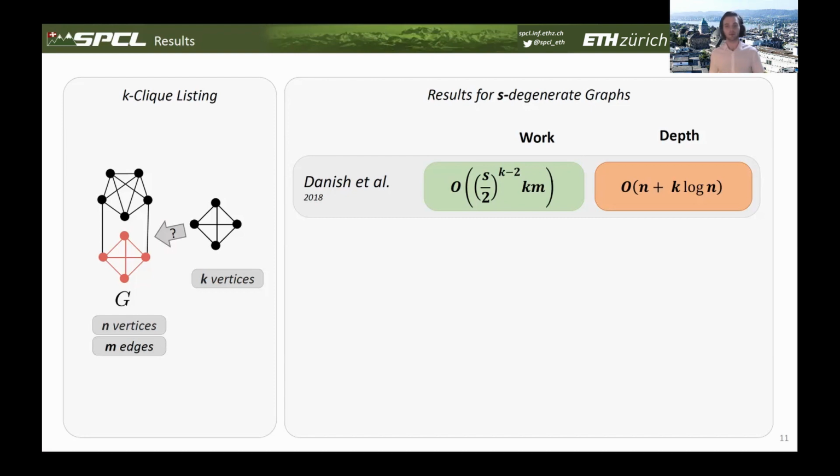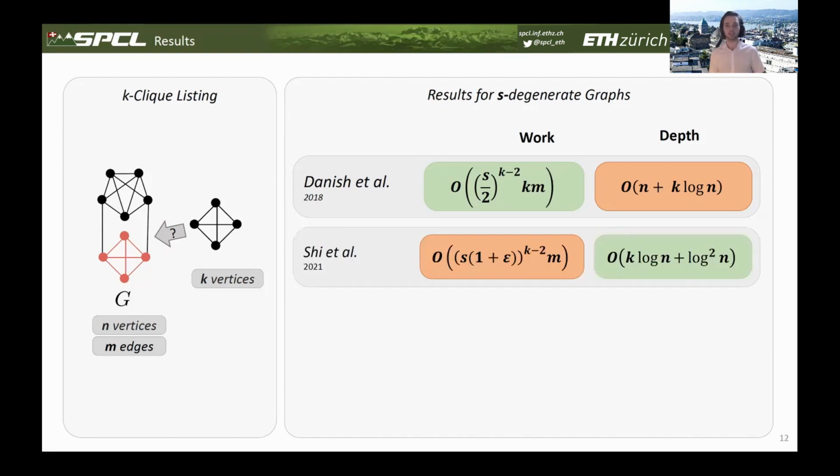Unfortunately, the depth of their algorithm is linear in the number of vertices. Shi et al. presented an algorithm with a different work depth trade-off. Here, the depth is only k times log n plus log squared n. However, the work is now worse by a factor which is exponential in the clique size.